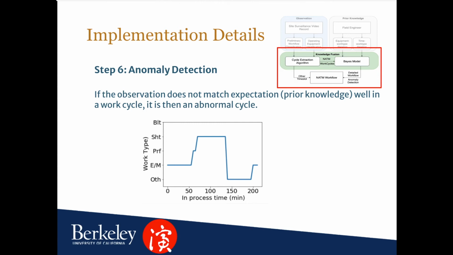What's the abnormal thing about this figure? We expect bolting at the end of the process, but there is no bolting. So we have very low probability for this time range because our prior knowledge tells us that there will be a bolting. Based on this information, we can mark this process as an abnormal cycle.